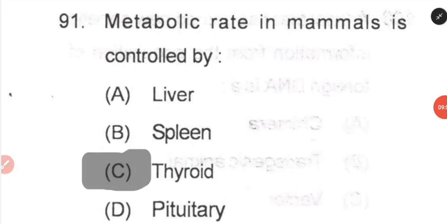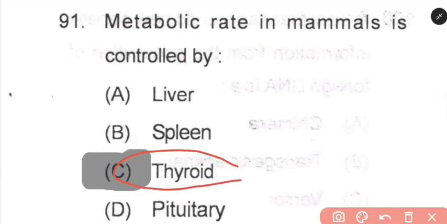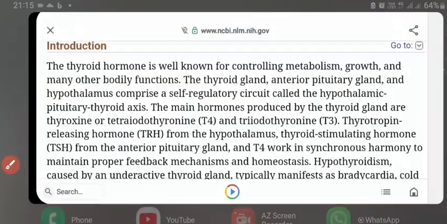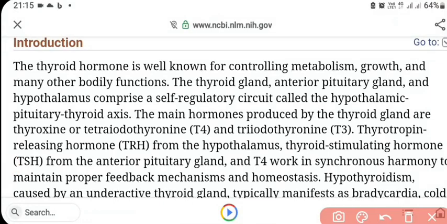Metabolic rate in mammals is controlled by what? Thyroid hormones. These thyroid hormones are known to control metabolism, growth, and many other bodily functions.